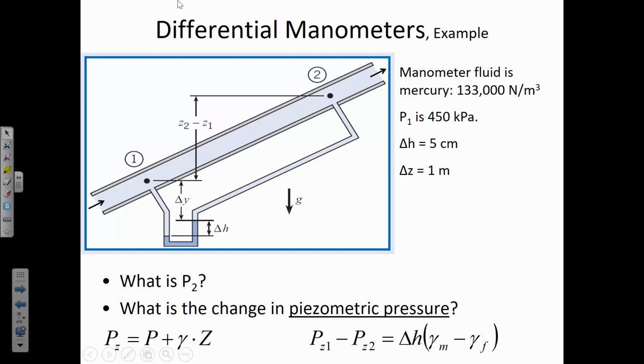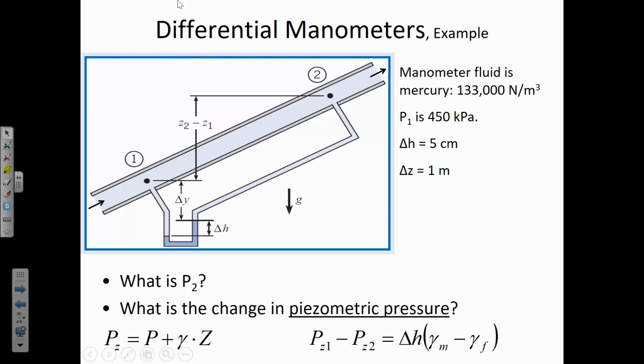All right, and now minus, because now my next step is to go upward the distance delta Y through this water, delta Y through the gamma of water. Now I'm going to go up again, delta Z through water. And once I do that, finally that gets me to location 2. So all of that is equal to the pressure at 2.